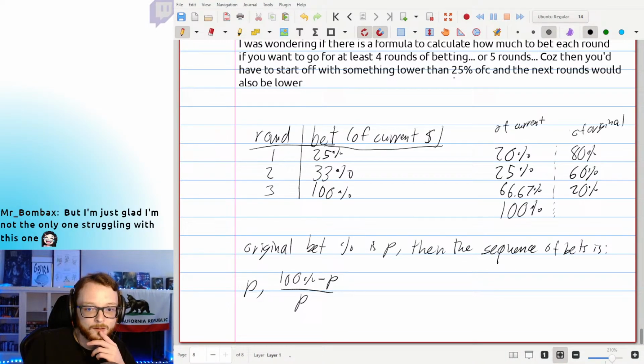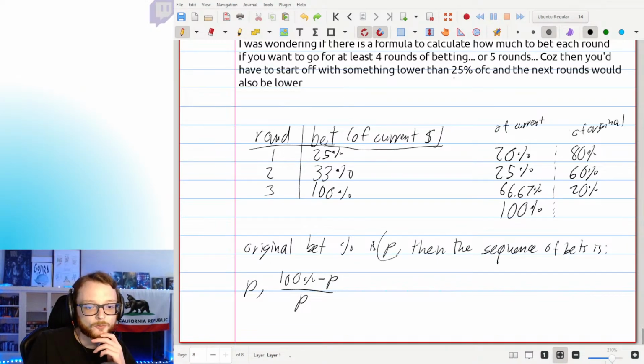So what would that be in this case, 100 minus 20 is 80. P, I'm just saying, is the percent that you're betting at the very start.